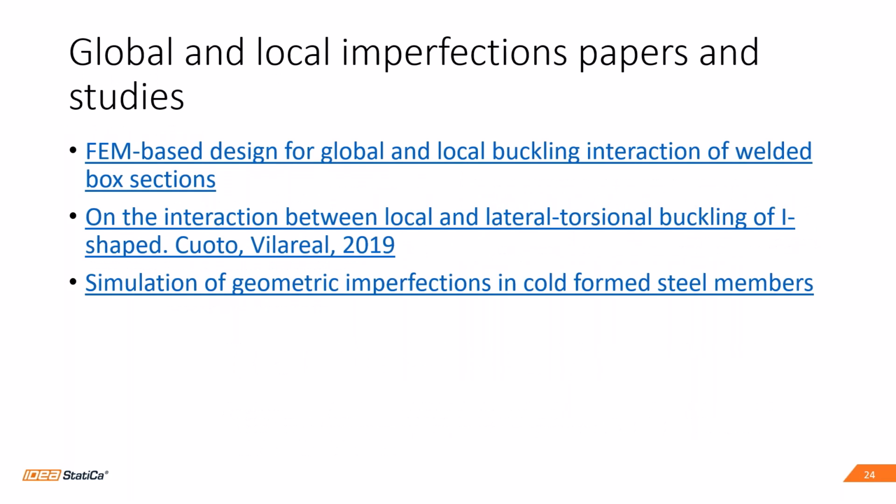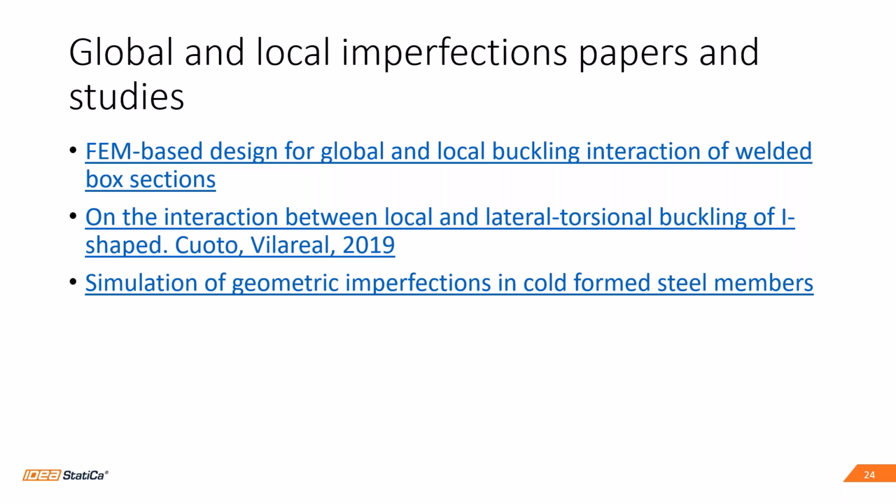So I gathered these 3 papers where these imperfections are, let's say, described and used in finite element software to do this design by inelastic analysis. So if you're interested in those, I put the links in the PDF that I shared in the handout PDF that we post here, and you will also have access to the PDF from the website.